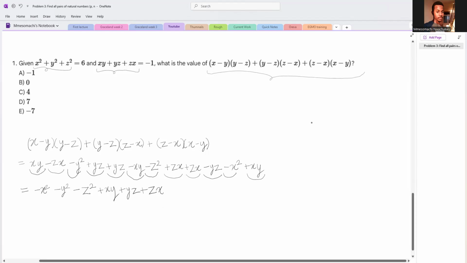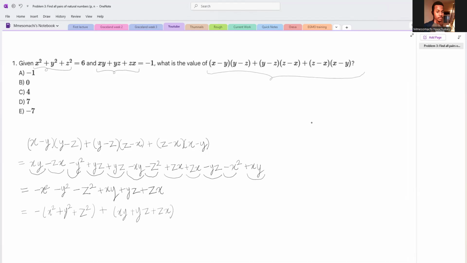Okay, so now, what did we have before? I can put this in some brackets. This will be negative, so we can factor out -1: x squared plus y squared plus z squared, and then we have xy plus yz plus zx.